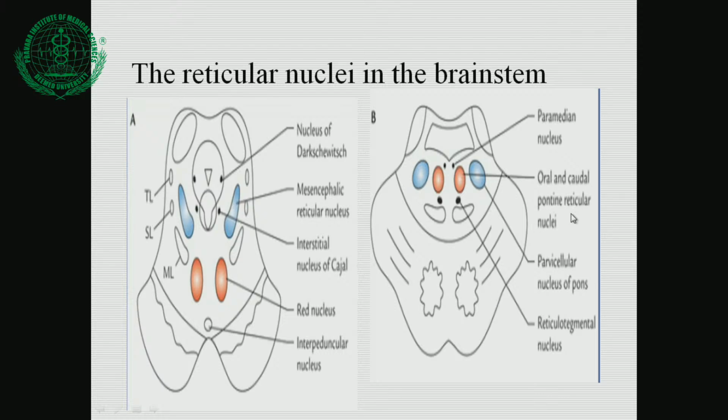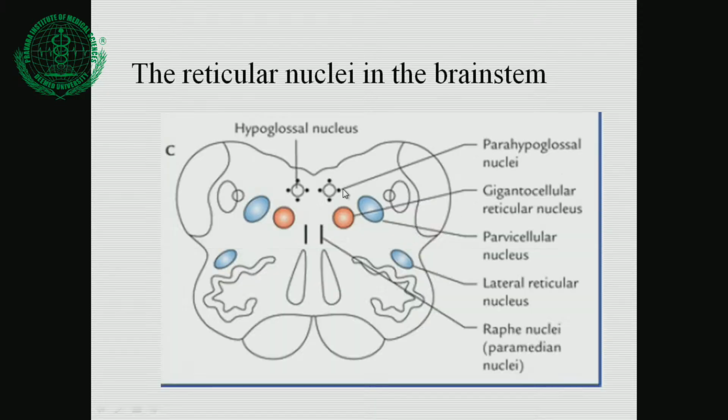Oral and caudal pontine reticular nuclei, the parvicellular nucleus of the pons, third, the reticulotegmental nucleus, and fourth, the paramedian nucleus. So these are the various reticular nuclei present within the pons.